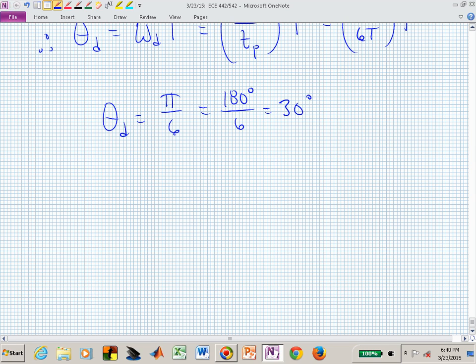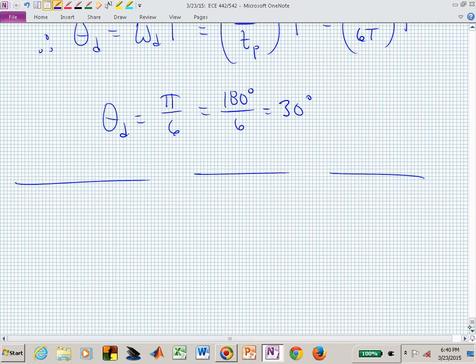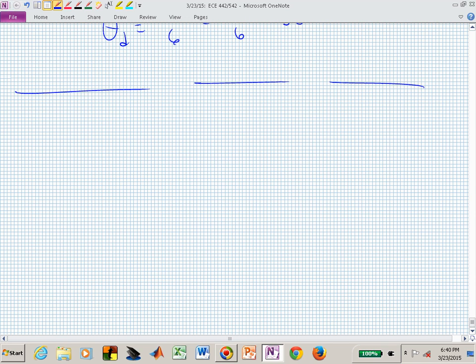So if you wanted your peak time to occur in 6 samples, then you would need your theta sub d to be 30 degrees or bigger if you wanted a smaller time to peak than 6 sample periods. You can also connect this theta sub d with the number of samples in one cycle of oscillation.